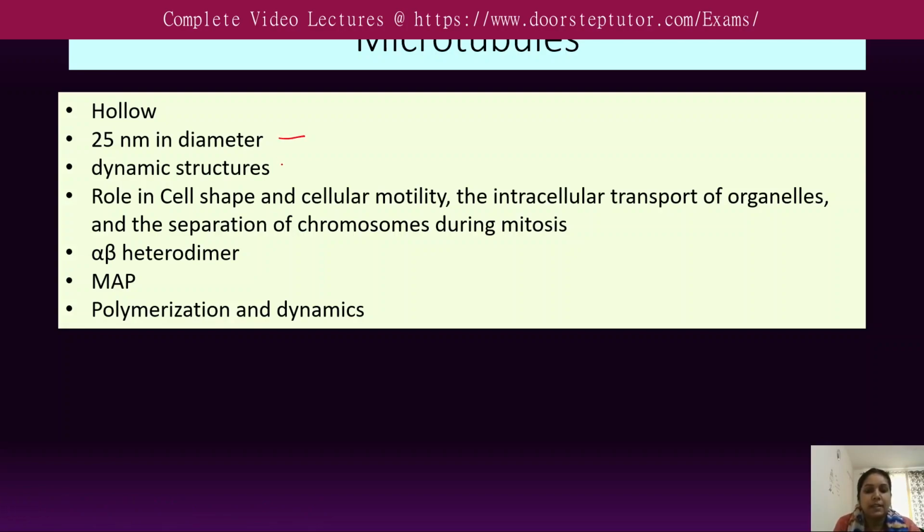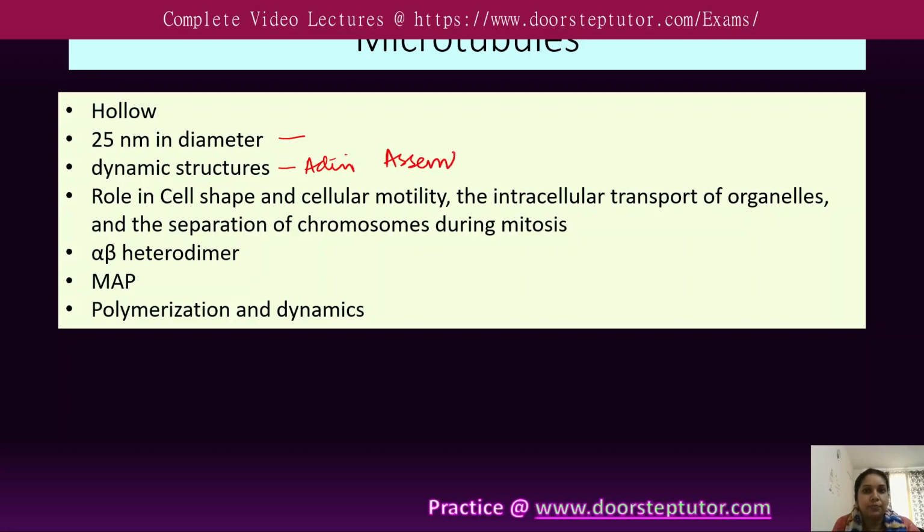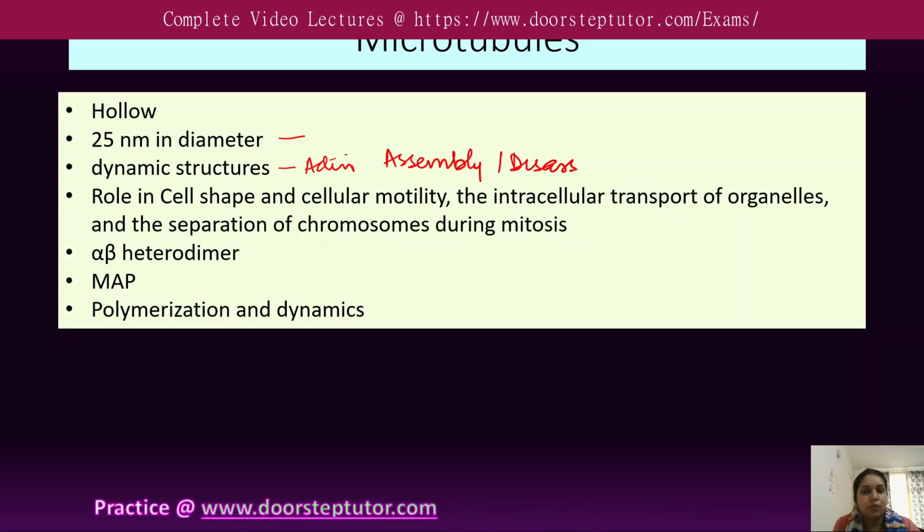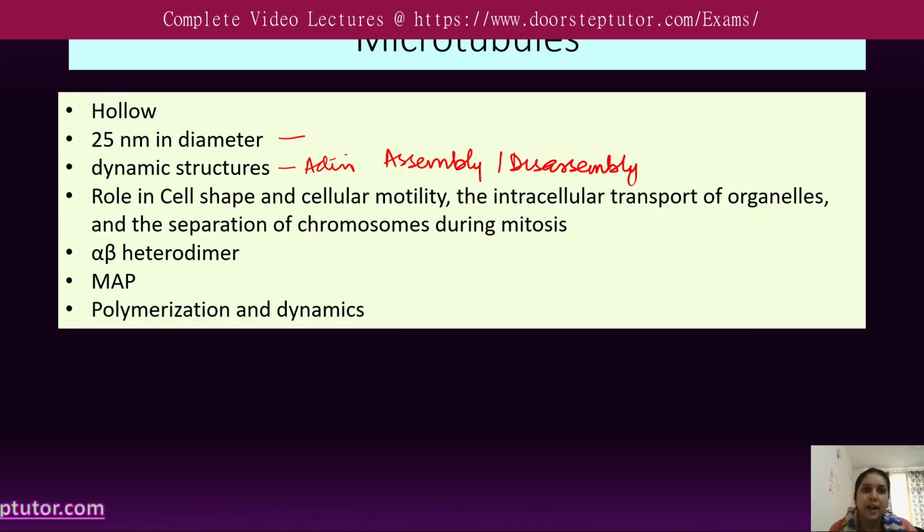25 nanometers, and it is a dynamic structure just like actin, which means the assembly and the disassembly of the microtubules take place again and again, just like the actin molecule.